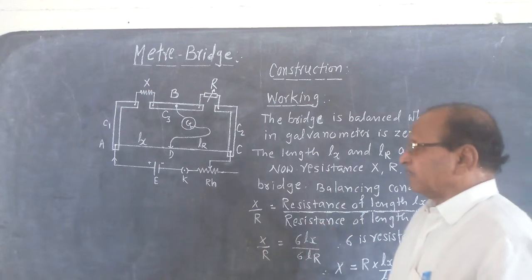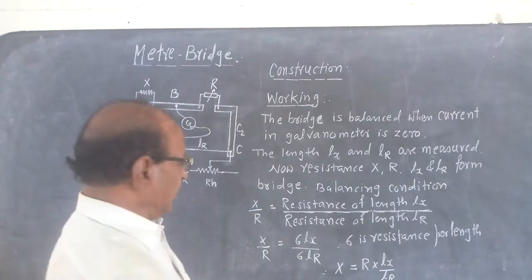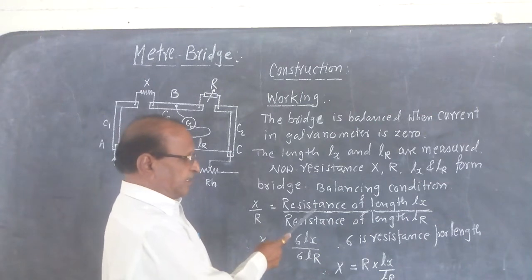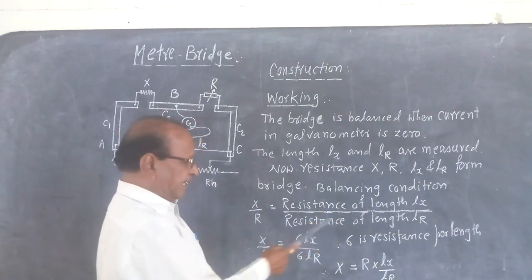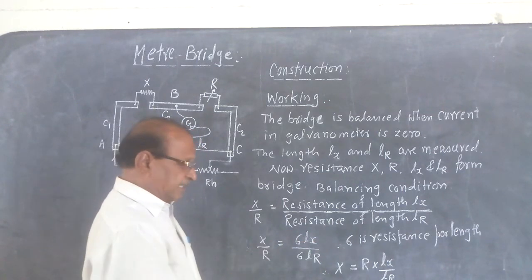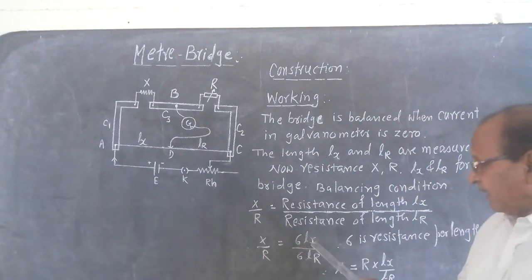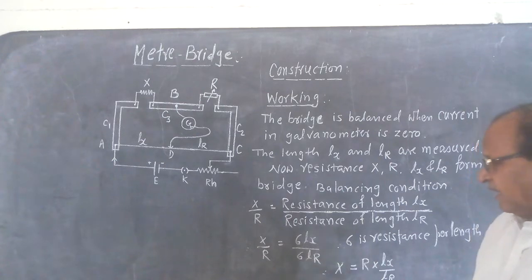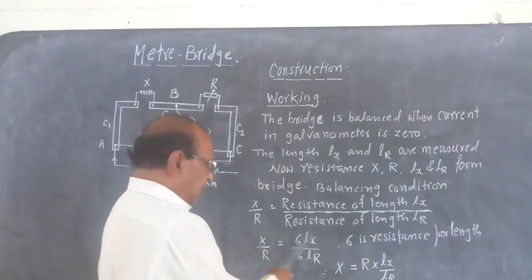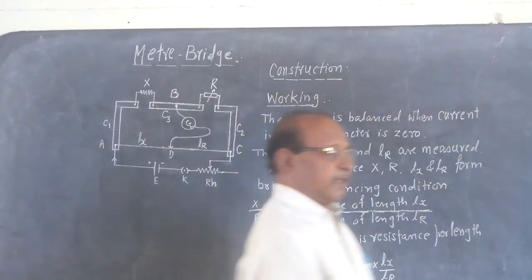Length is LR, therefore resistance is sigma LR. Therefore X divided by R is equal to sigma Lx divided by sigma LR. Sigma gets cancelled, and what remains is X divided by R is equal to Lx divided by LR.